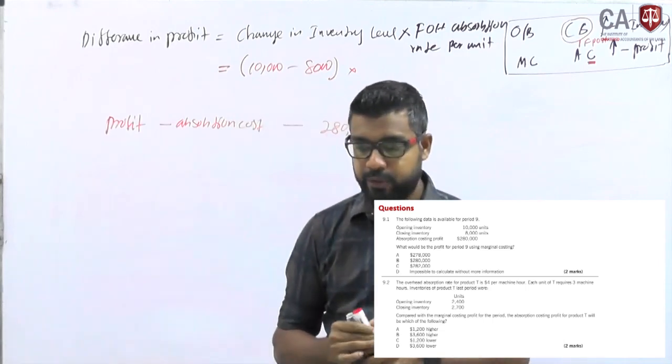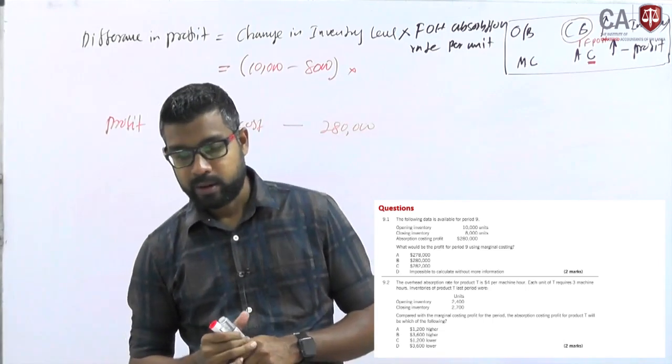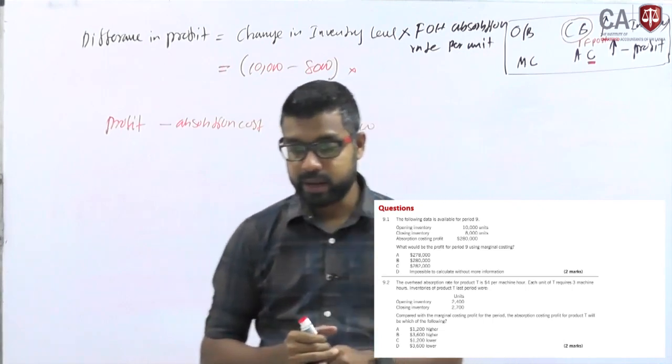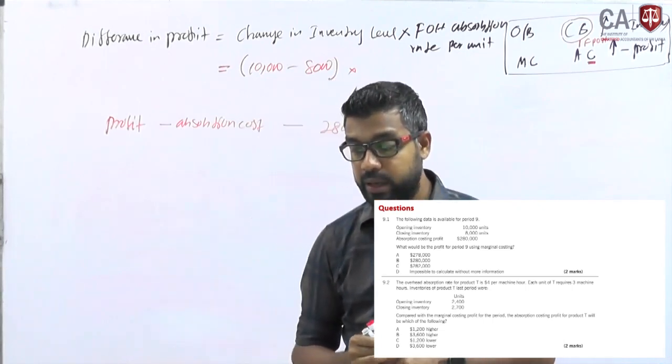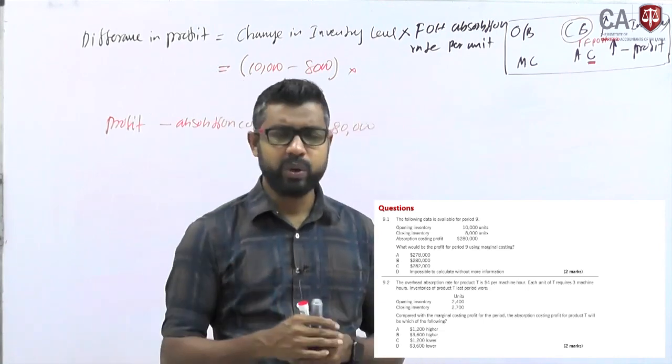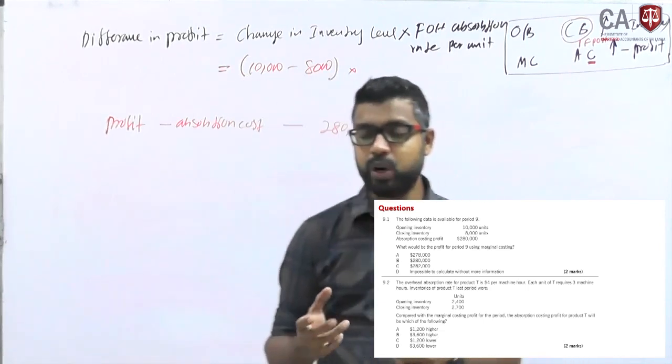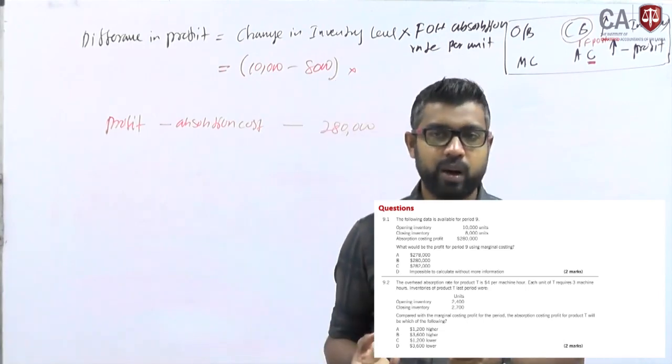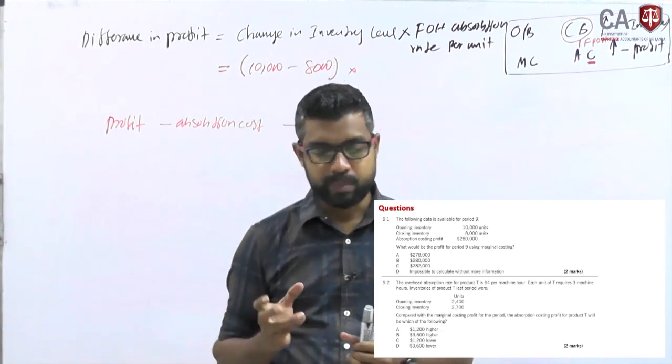Right? There are 4 answers. 278,000, 280,000, 282,000, impossible to calculate without more information. That is the correct answer. We can't calculate. Why? Because there is no way to figure out the fixed production absorption rate.